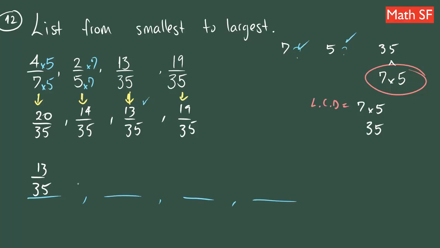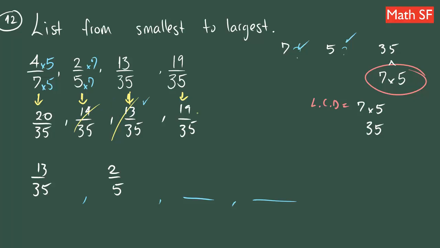And since I already did that number, I'll just cross it out, to say okay, I'm done with this one, so I don't need to use it anymore. Now let's keep following. After 13 will be the 14, and the 14 is actually the 2 over 5. So 2 over 5 should go here. And once again, we already used this.